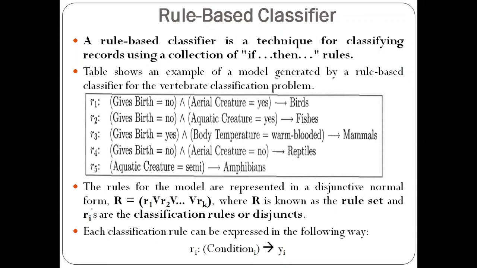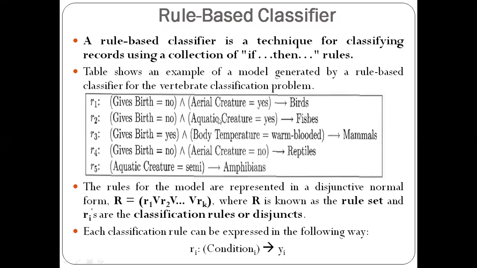Now coming to each individual rule. In general, each individual rule is in this form: Ri, then a colon, then a condition with respect to the attributes, then the implication, and then yi. So yi is the class label here. For example, the condition for the first rule is gives birth equal to no and aerial creature equal to yes.